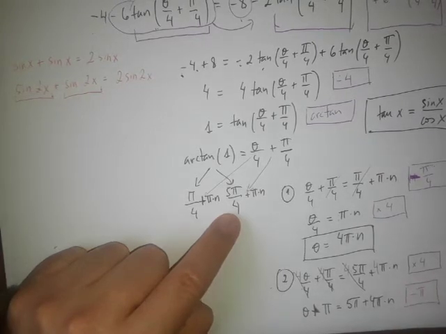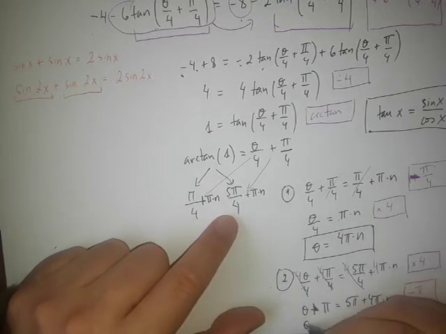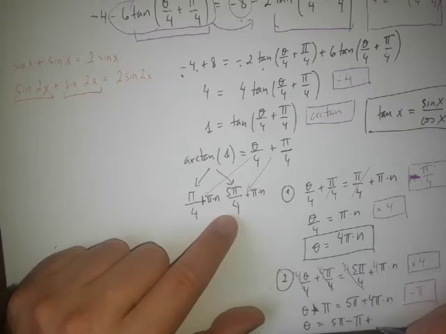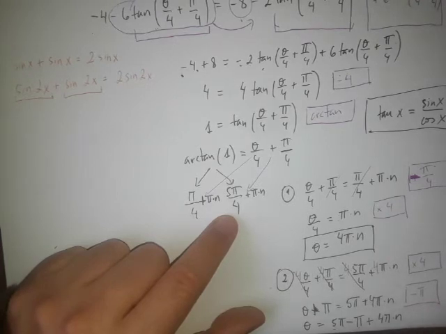Subtract pi both sides, and what we have left is theta equals 5 pi minus pi plus 4 pi times n, right? This is 4 pi, right?